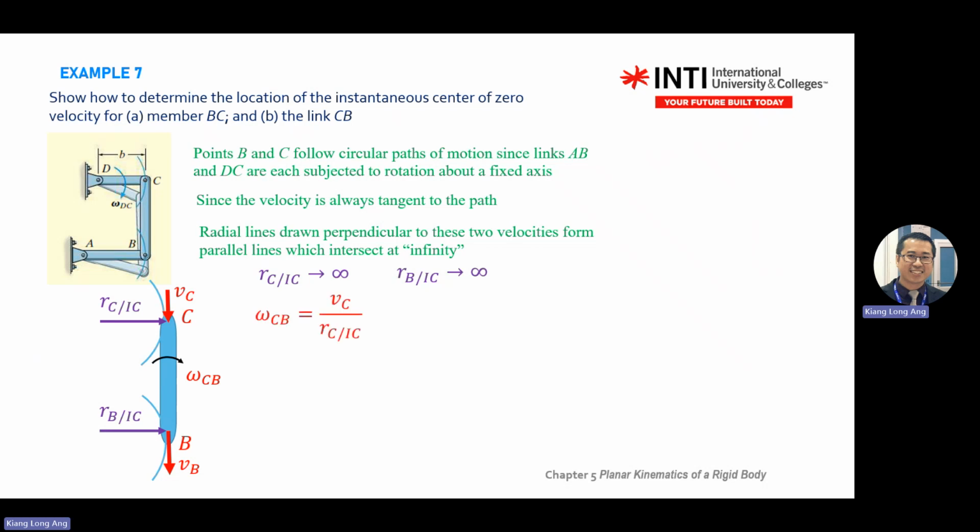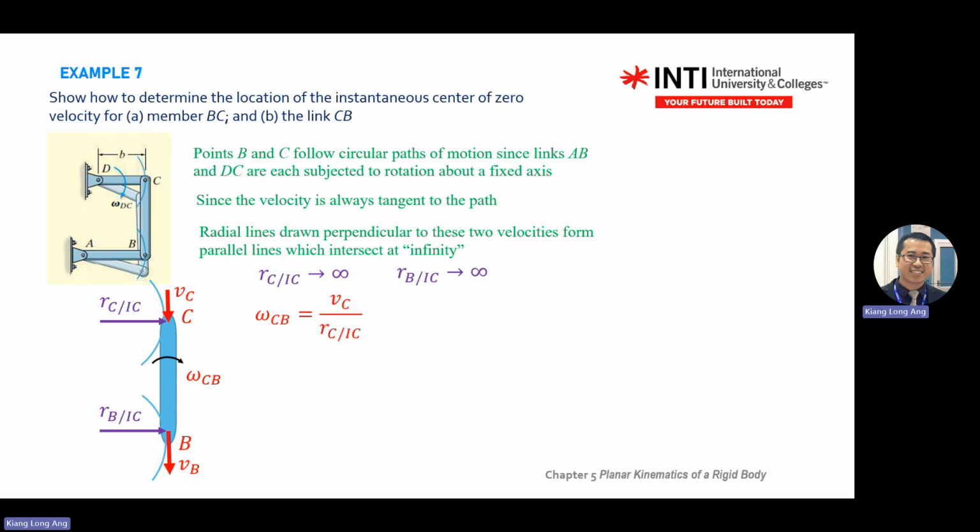Okay, so we want to find the omega. What is omega? From the equation V equal to omega R, you rewrite omega equal to V divided by R. How to find this one? You can use either this one or this one because it's the same thing. So VC is here, R VC is here.